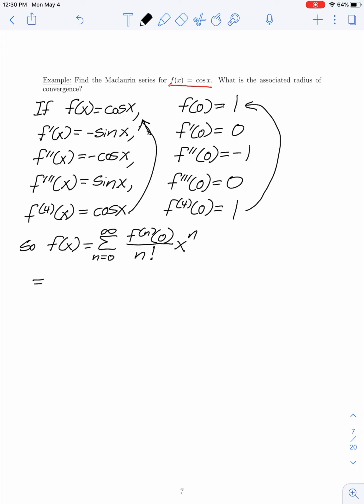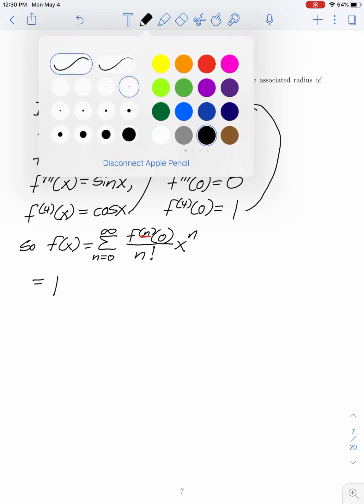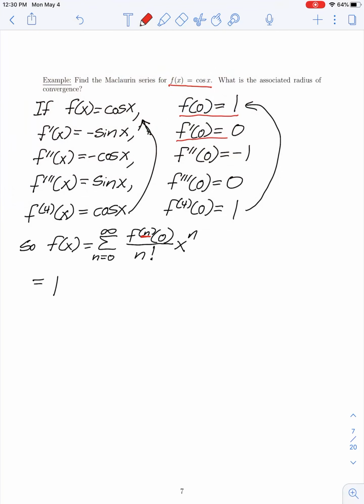So here, writing out our first few terms, starting with n equals 0, we would have the 0th derivative, or the original function, evaluated at 0, which is 1, divided by 0 factorial, which is 1, times x to the 0, which is 1. So our first term of this Maclaurin series will be 1. Then our next term, corresponding to n equals 1, we would be looking at f prime of 0, which is 0, so there is no x to the first term.